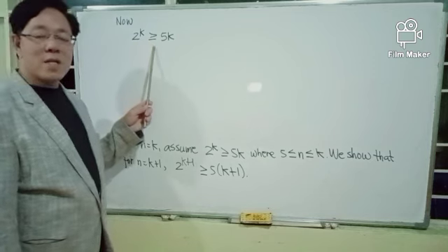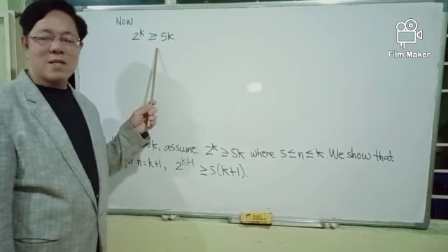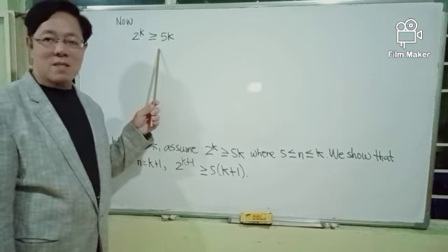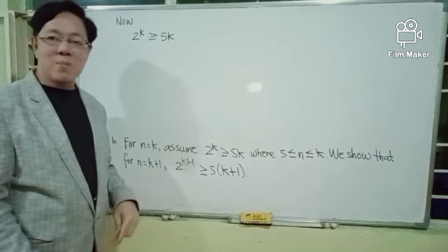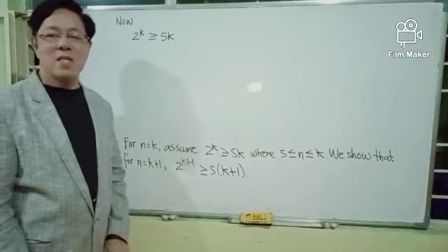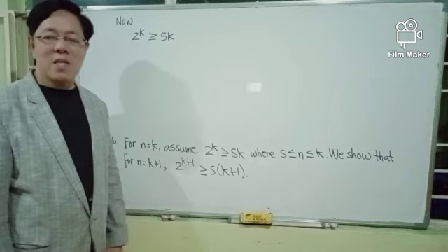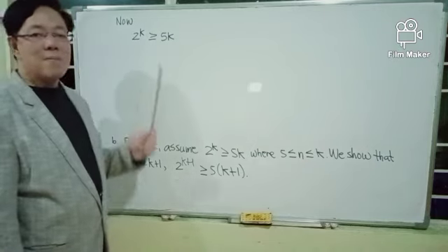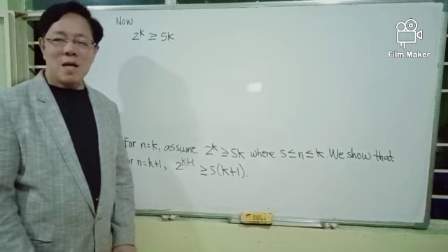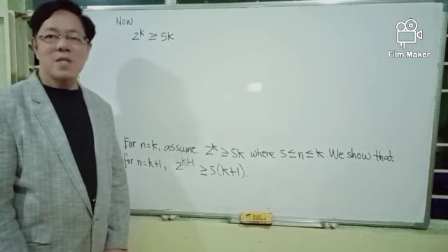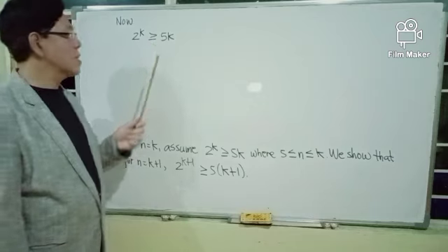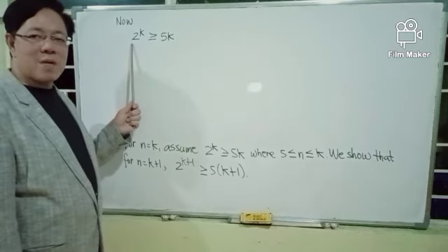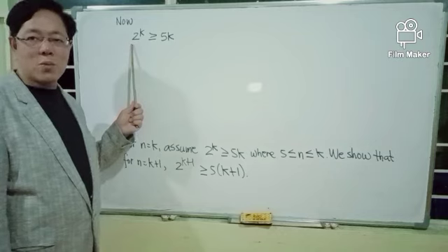And the inequality sign greater than or equal to will remain as is, because by multiplication property of inequality, if you multiply both sides of an inequality by a positive real number, the inequality sign remains the same. So we multiply the left side by 2 raised to 1.